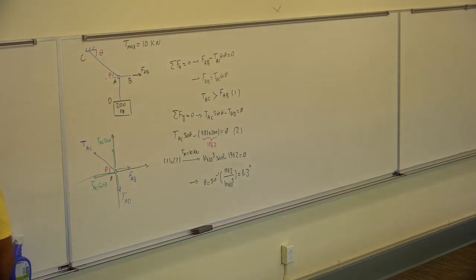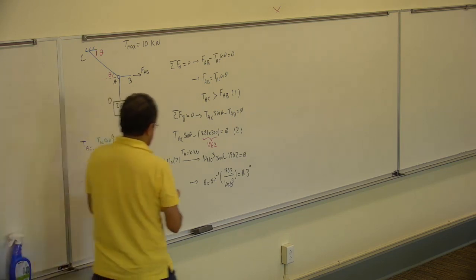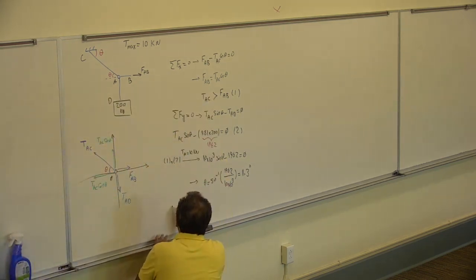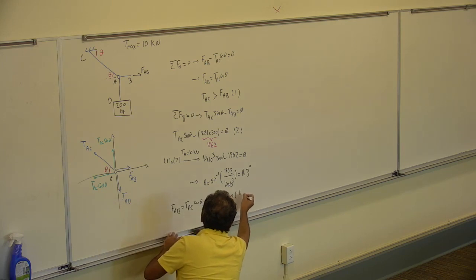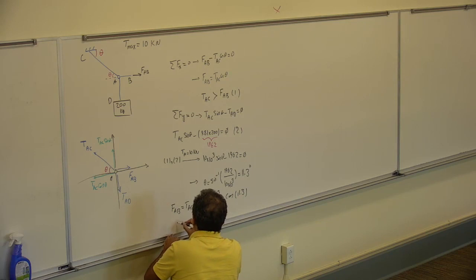Any question about that? And from there, as I said, if you want to find the FAB, you can say, okay, the FAB is TAC cosine theta, which is 10 times 10 to the 3 times cosine 11.3.